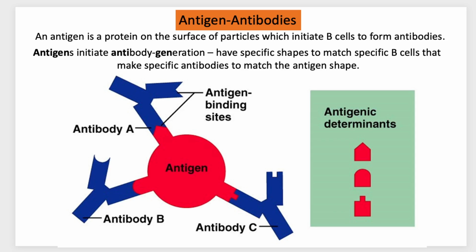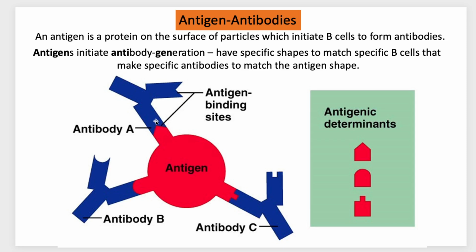An antigen is something that triggers the production of antibodies. So you could think of an antigen as a foreign particle. Antibodies are something we make. So antigens trigger the production of antibodies. And you'll notice in this image how the shape of the antibody is like an impressed triangle, and then the shape of the antigen is a triangle.